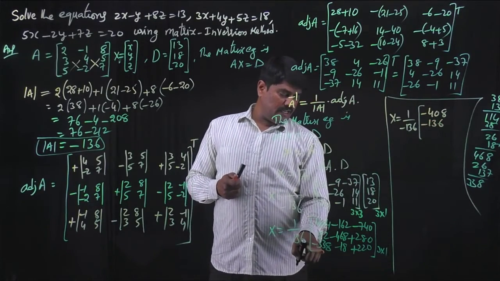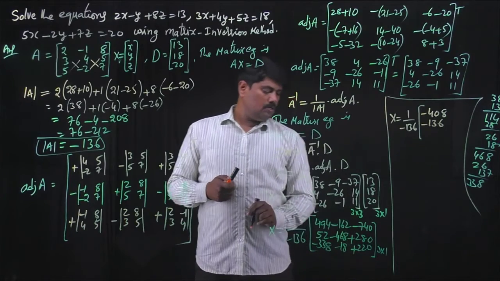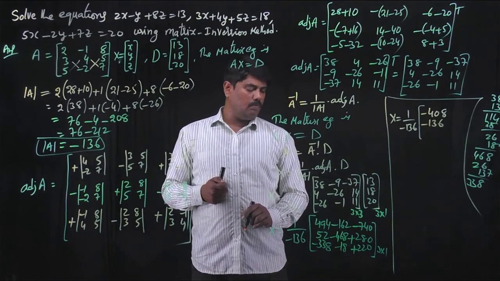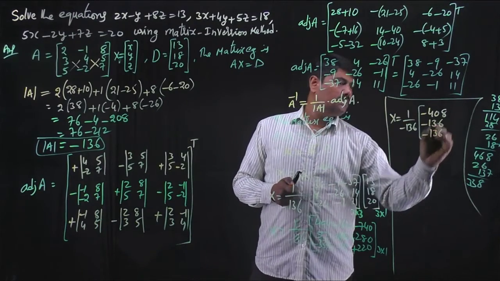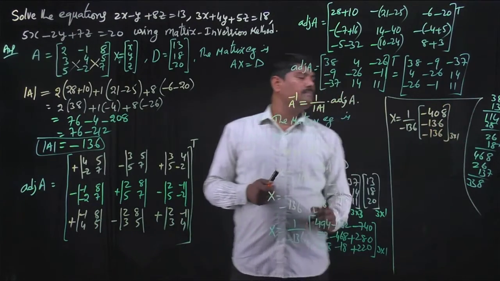Minus 338 plus 220, you have minus 118, minus 118 minus 18, again minus 136. So this is 3 by 1.